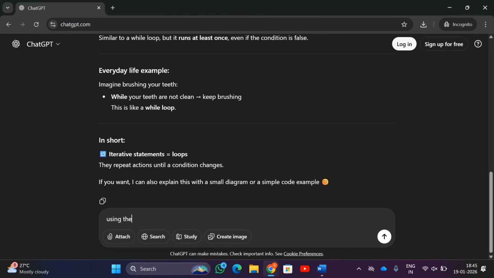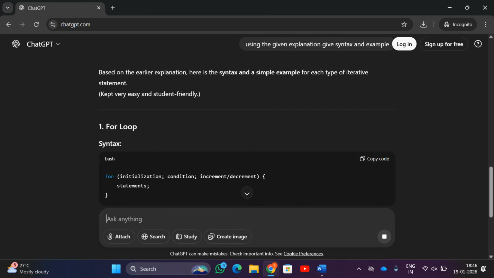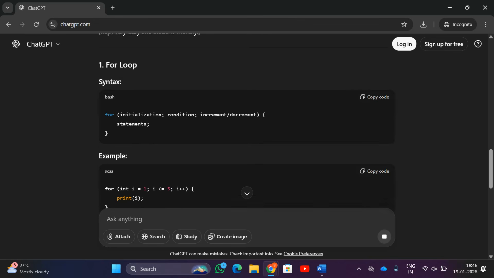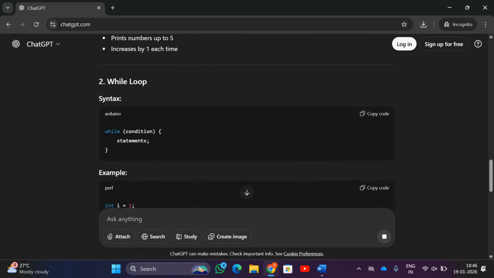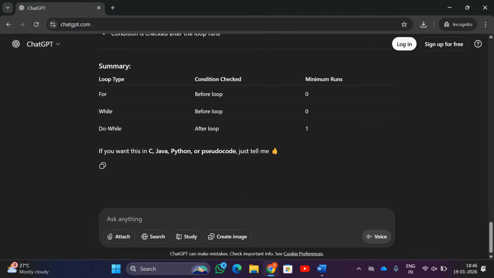So: using the given explanation, give syntax and example. Based upon the earlier explanation, you can observe here is the syntax and a simple example: while loop, do while loop, iterative statements, and a comparison.